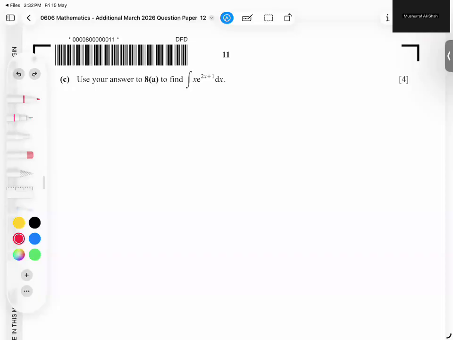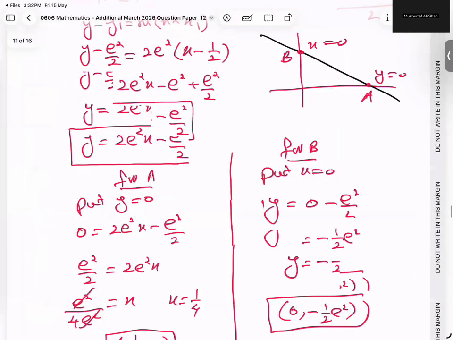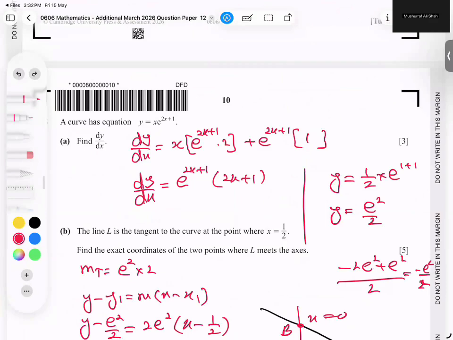The key part is to use your answer in part 8a to find this integration. So it means students, when we have a differentiation given and we have to go to integration, we have to use the first expression. So let's go back and try to use this one. But before I use it, I must write the y value. This is very important. And this y value, I'm going to replace it here. So when I replace it here, what happens, students? This whole thing will come here.